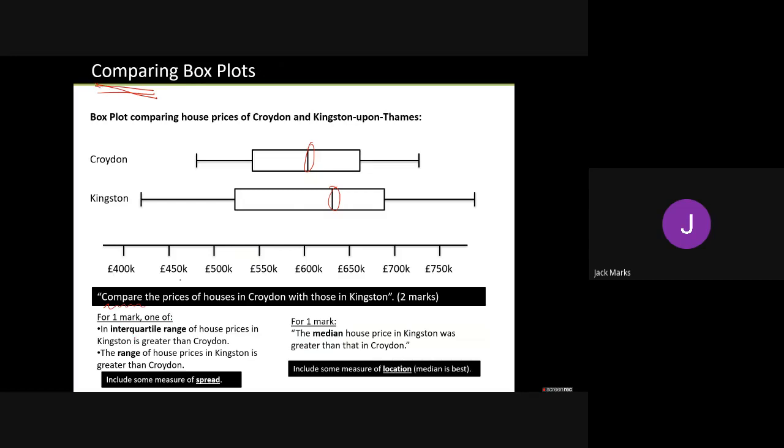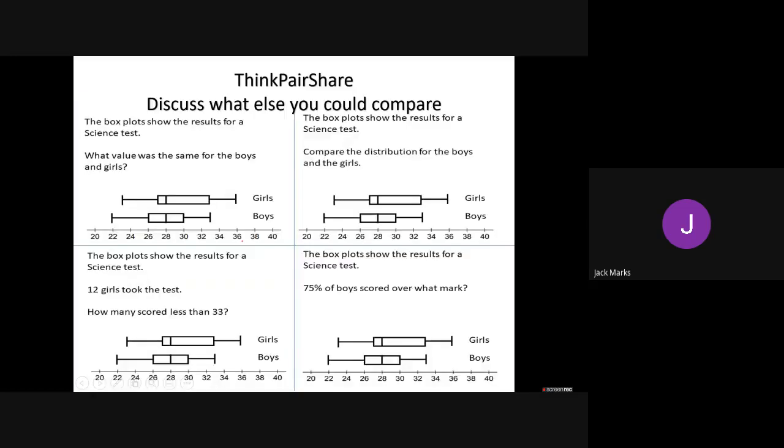And then spread, we're talking about interquartile range, which is the width of the box, or you may wish to talk about range, which is from the minimum to the maximum for each alternatively. To be safe, I would talk about interquartile range, and median is then more useful and more important. It's location and spread, and I would try to contextualize the answer a little bit, as well as using the key language that is in bold.